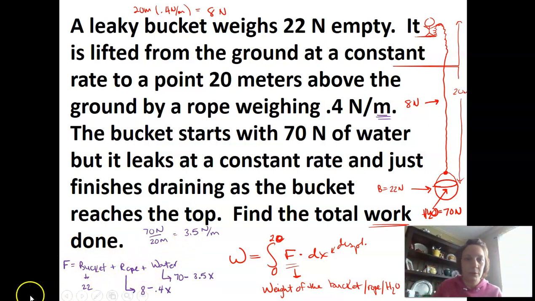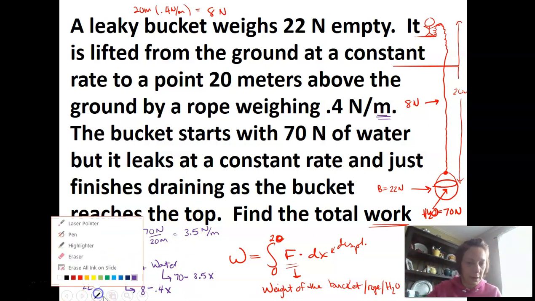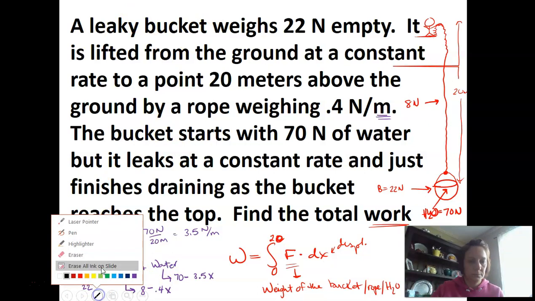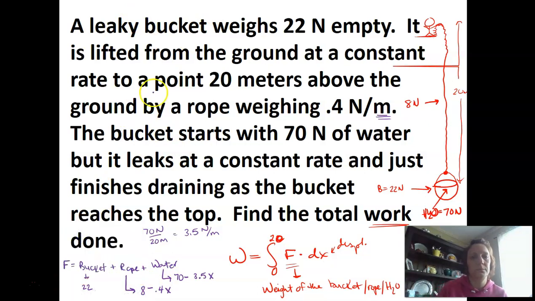So my integral, I didn't leave myself enough room, I'm going to go up here. The work here, we already said it was going to be from 0 to 22.